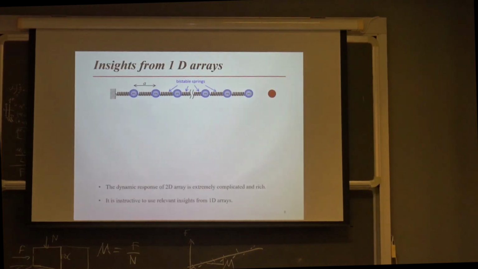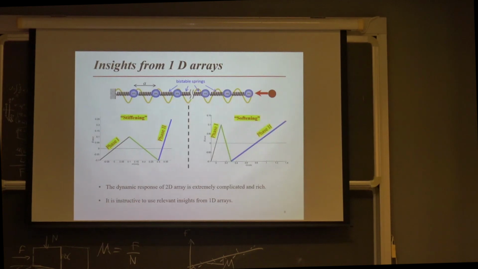Okay, so before we move on, the dynamic response of a 2D array is extremely complicated and rich, so it's instructive to use relevant insight from the 1D array. So this is the impact response of the 1D array. We found 2 different phenomena for 2 different types of elements.